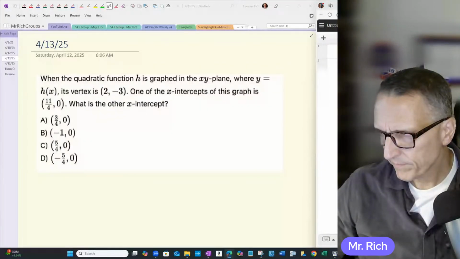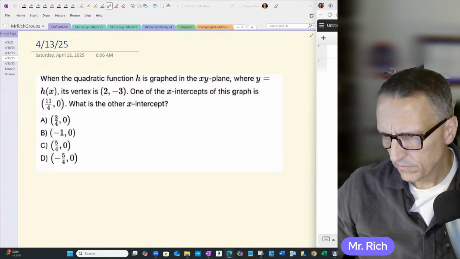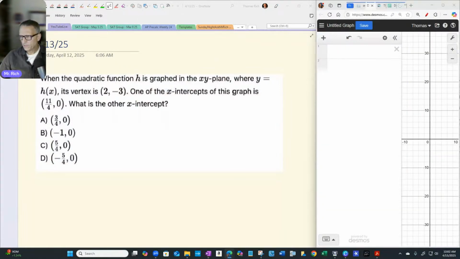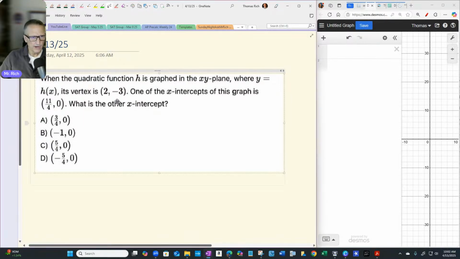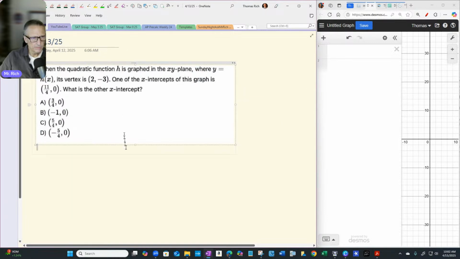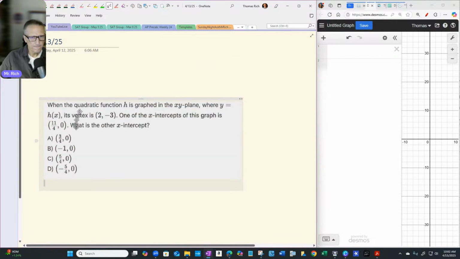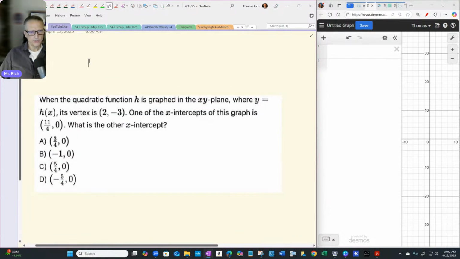Here is the question. It says, when the quadratic function h is graphed in the xy plane, where y equals h of x, its vertex is (2, -3).